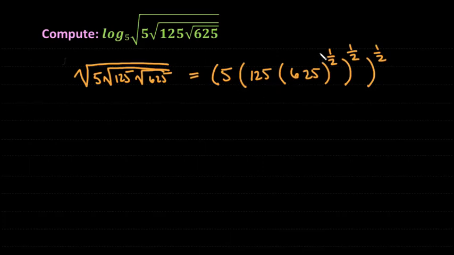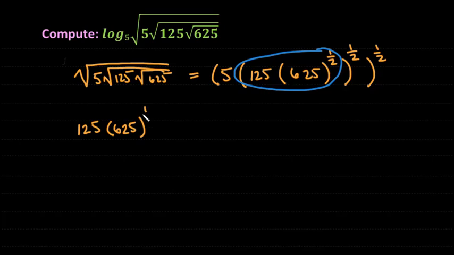Now let us look at what's going on in here in the middle. So we have 125 times 625 to the 1/2 power.